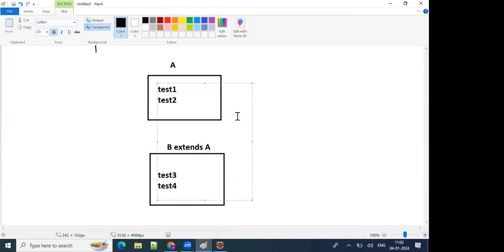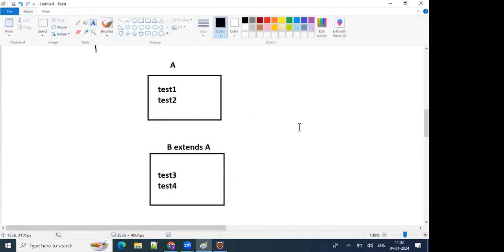Now totally how many methods are there in class B? Four, inherited, yes or no?